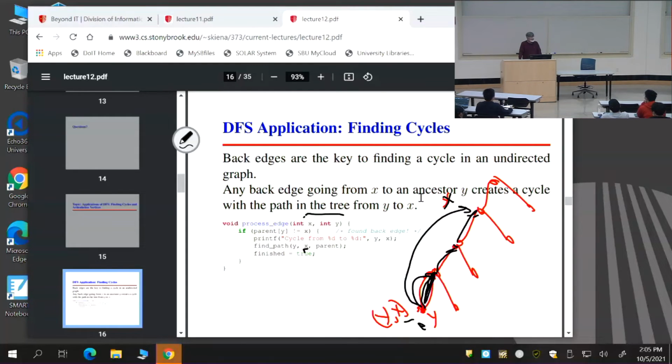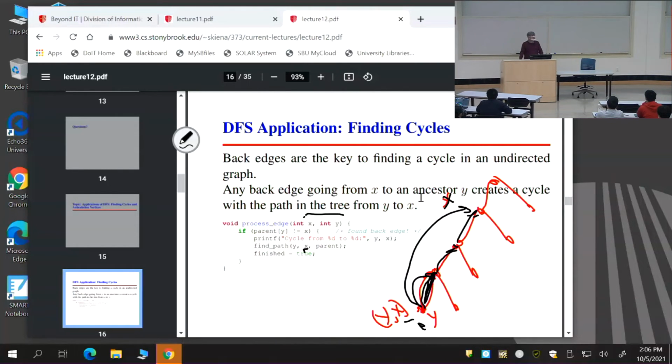Does everybody see that the layout of the edges, because of depth-first search, enables us to find a cycle easily? Every cycle is defined by a back edge and the path in the tree that led to it. Any questions?